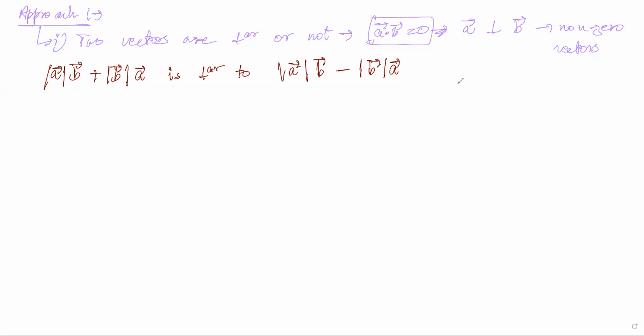You'll have to multiply each term with each term. So first term with first term first. Mod A, both are scalar. So it becomes what?